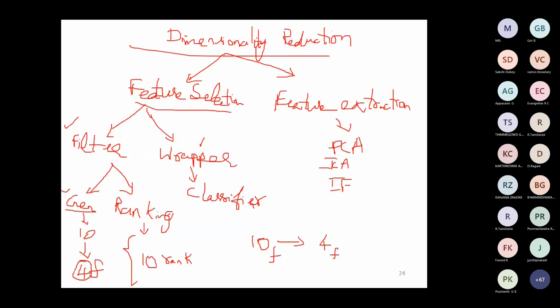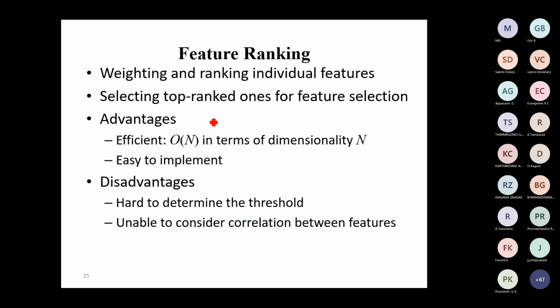Okay, so here we have the ranking based method. What I said was it's under feature selection. So here we have to select the top ranked features for feature selection. It is very easy to implement. And the problem here is to identify the threshold. Let us say we have 10 features.